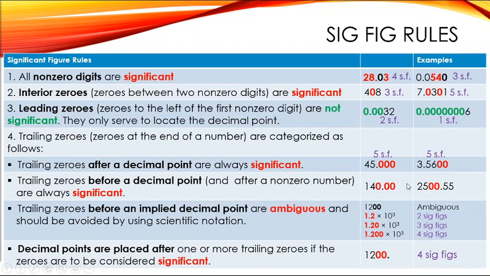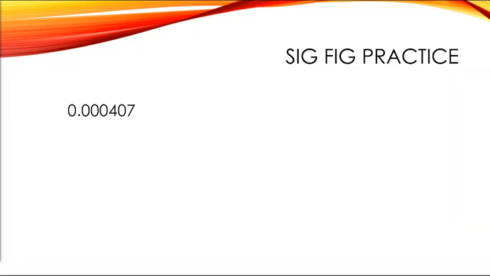Additionally, all the zeros after the decimal point and before the decimal point count if there is a number in the front there. So here you're looking at 5 significant figures. At 2500.55, these are again trapped zeros. They're before a decimal point, but there is a number beforehand, so all of those values are going to count for 6 sig figs.